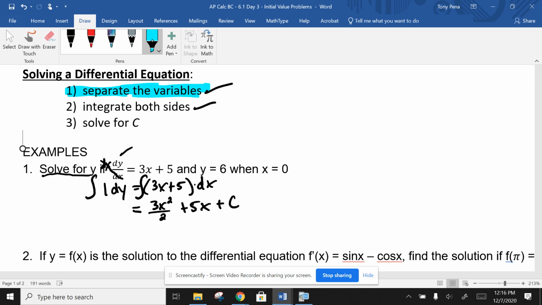On the left-hand side, we are looking for the antiderivative of 1. But you have to understand now, we are doing 1 times the change in y, so we're doing this with respect to the variable y. So the antiderivative of 1 dy would just be y.